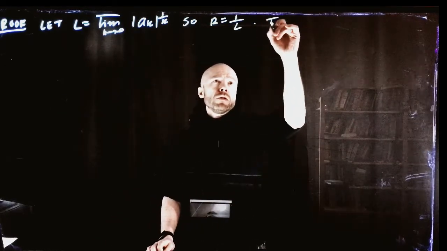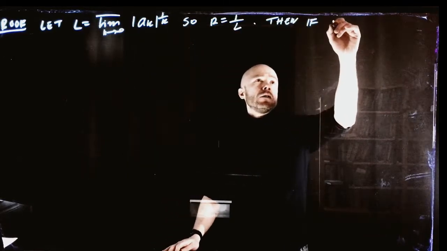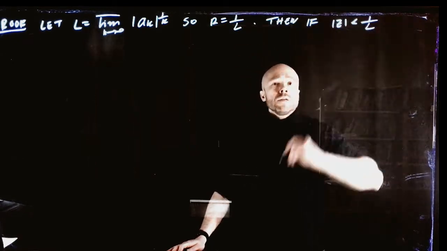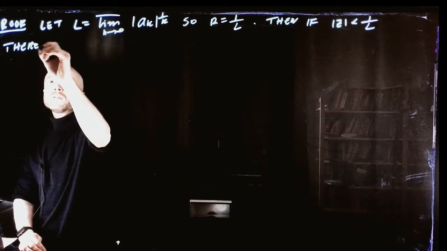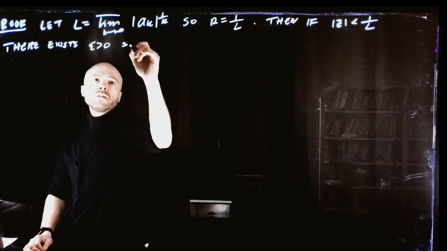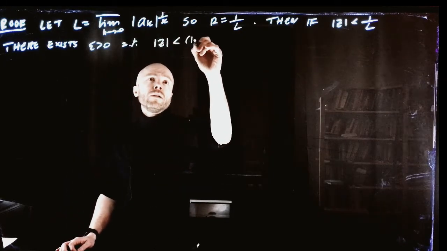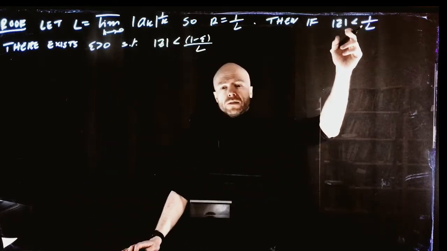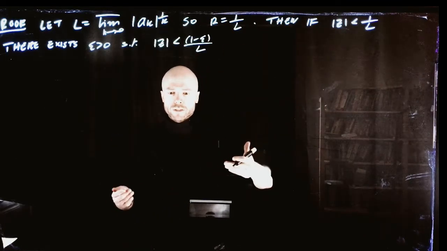Then if we have that mod z is less than R, which is 1 over L, then there exists some epsilon bigger than 0 such that mod z is actually less than (1 minus epsilon) over L, right? Because if we are less than this number, then we can make this number a little bit smaller and we're still less than it, because it's a strict inequality.